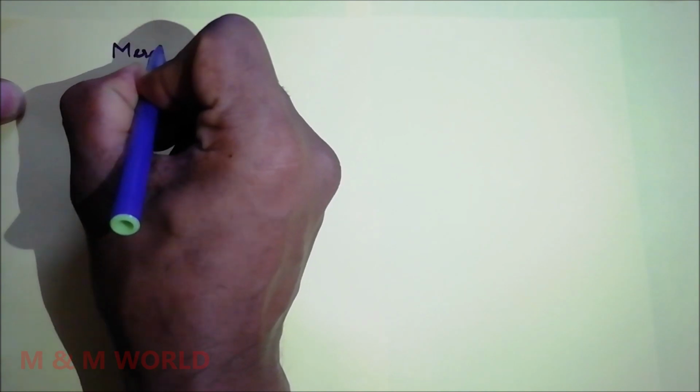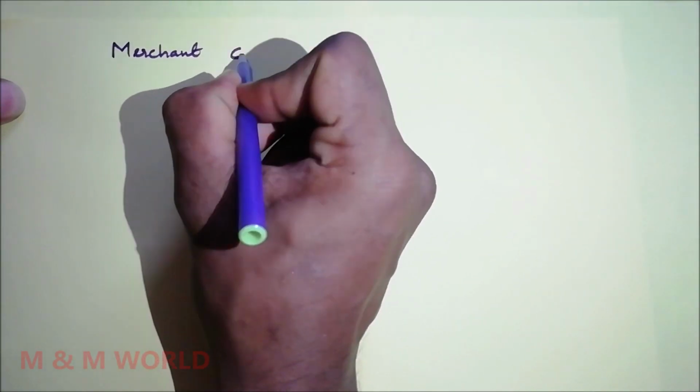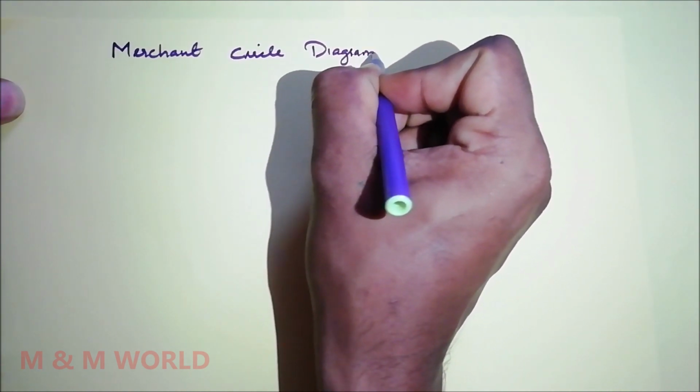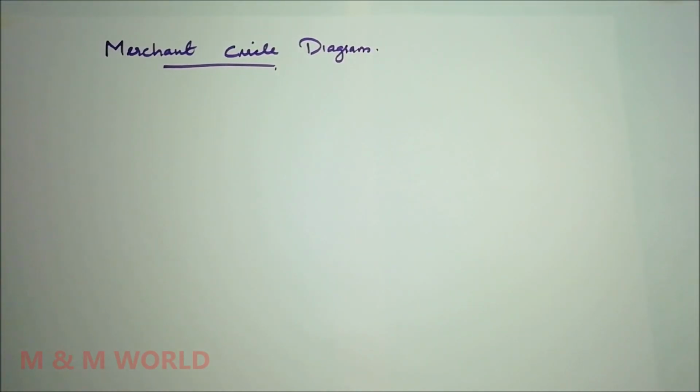So now we will draw a Merchant circle diagram. First set up the XY axes labeled with forces. The cutting force Fc is drawn horizontally and the thrust force Ft is drawn vertically.